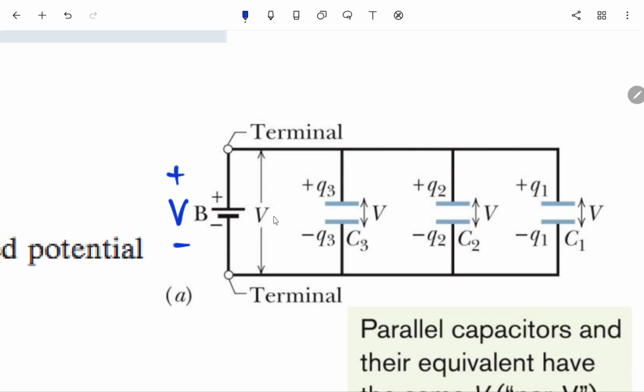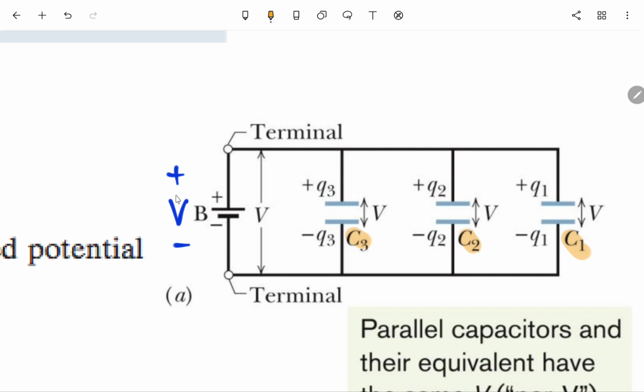Okay, so this positive terminal is connected to the top plate of capacitors C1, C2, C3. Okay, we have C1, C2, C3 here. And then the negative terminal is connected to the bottom plate of C1, C2, C3 also.